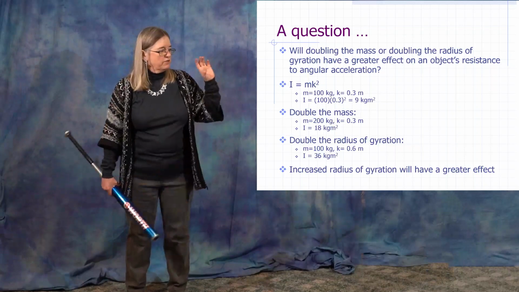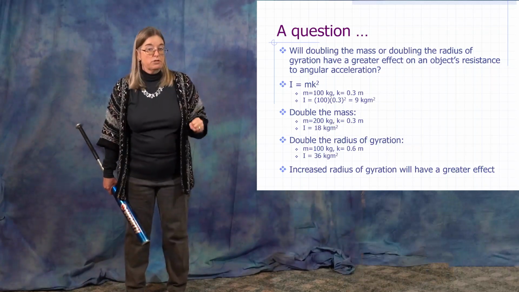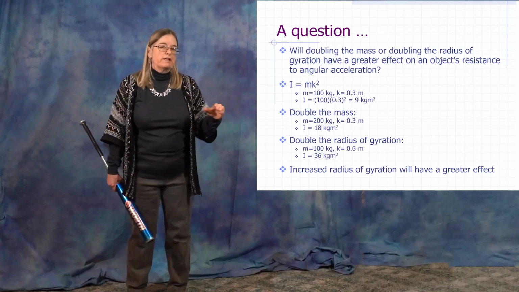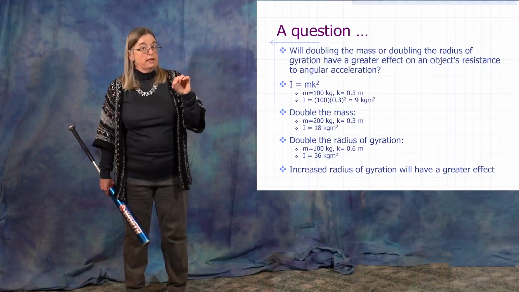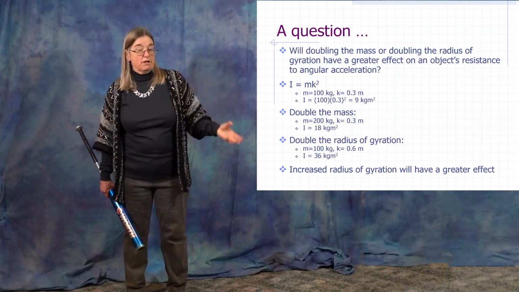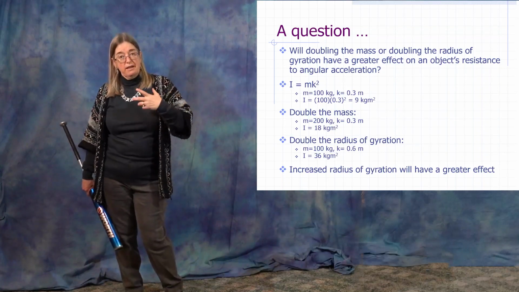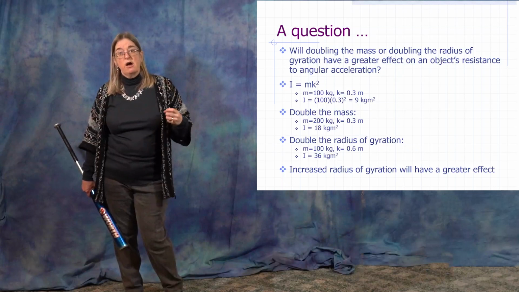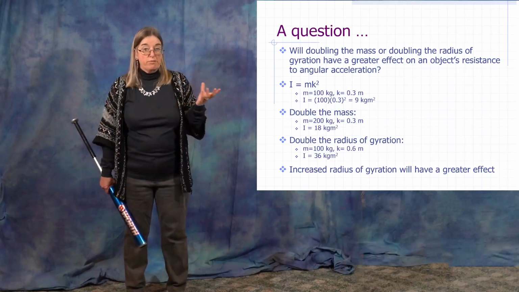So hopefully you can see that if you double the mass, you double the moment of inertia. If you double the radius of gyration, you quadruple the moment of inertia. So a small change in that radius of gyration can have a large effect on the moment of inertia of a body.